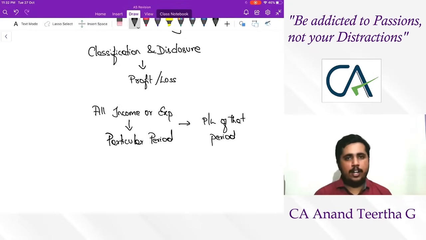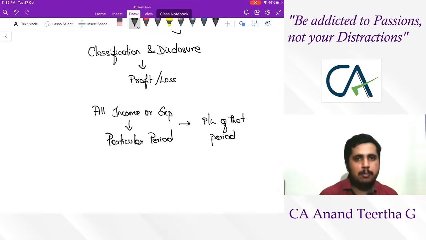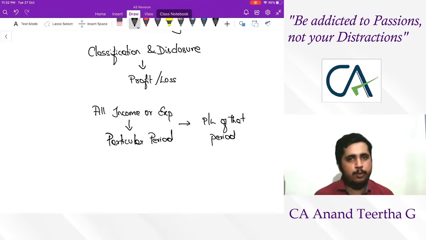So accrual comes as a major impact over here. So basically, if salary belongs to March, but it is paid in the month of April, since the expense belongs to March, it should come in the P&L of March, or it should come in the P&L of that year only. So that's how they said income or expense, wherever it belongs, it should come in that period of net profit or loss.